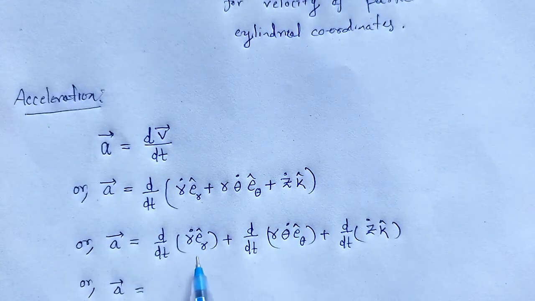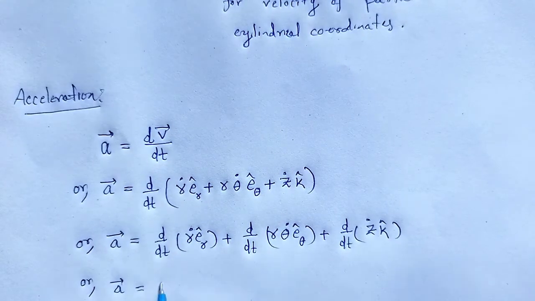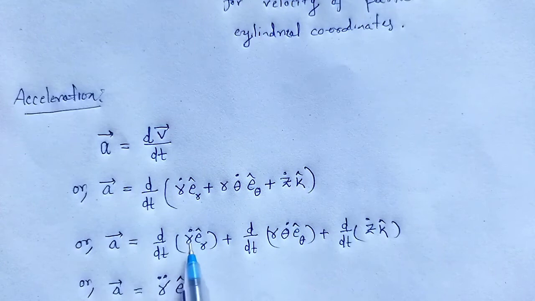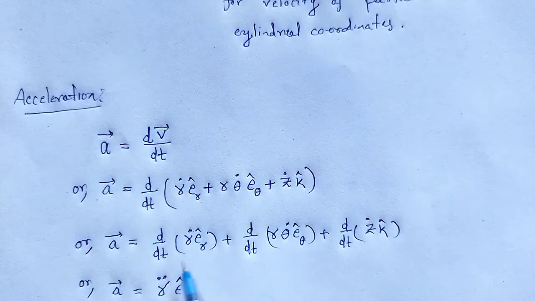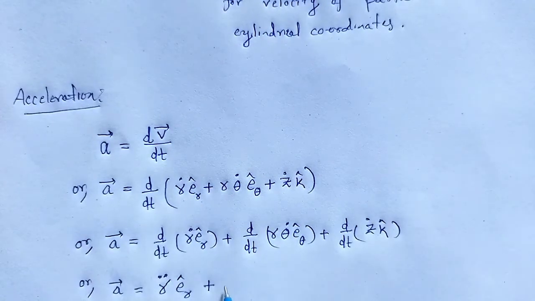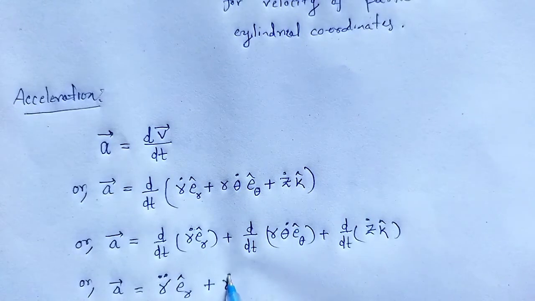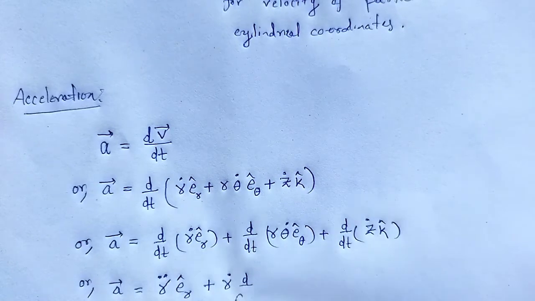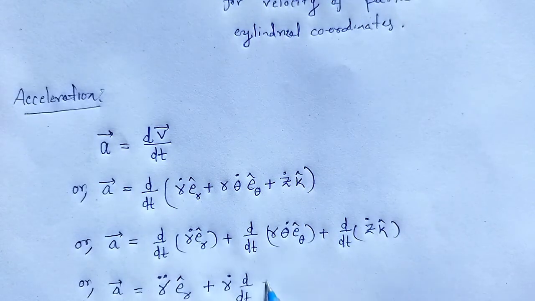the derivative of r dot e r cap. I can write that as r double dot e r cap, since the derivative of r dot with respect to t is r double dot, that is d square r by dt square, the second order derivative of r with respect to t, plus r dot d by dt of e r cap.